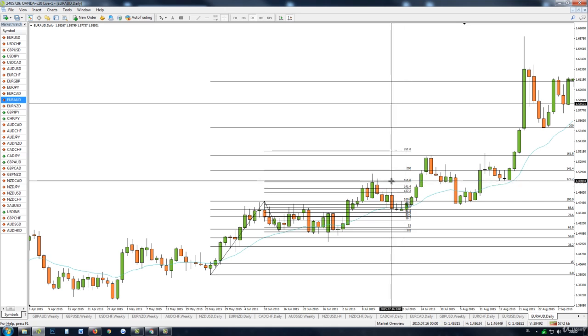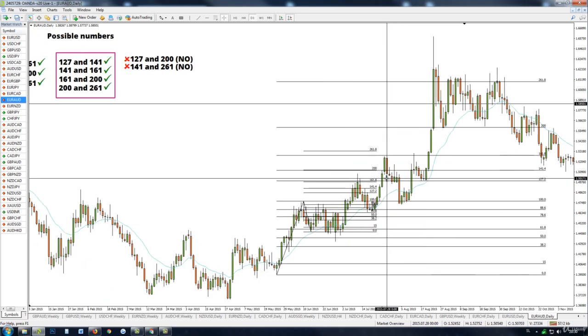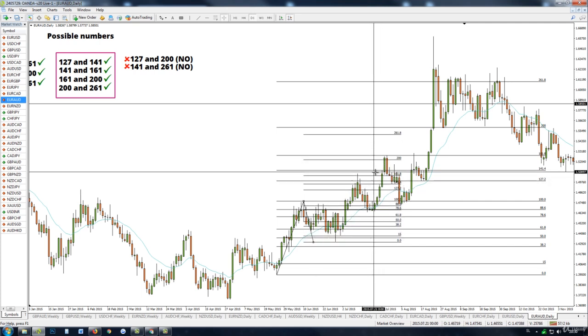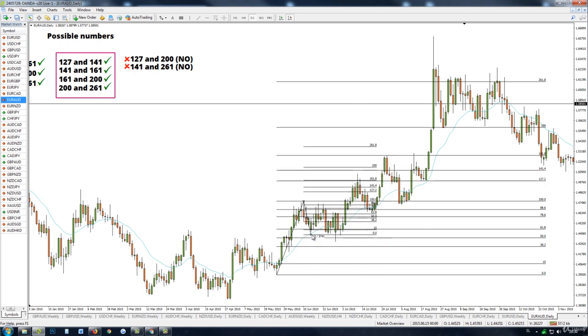If they're so close like that, or even better, it's okay, don't bother. But if the gap is like that, then it's not good. It's not tradable. So what we found is that we have the first combination, which is right here.